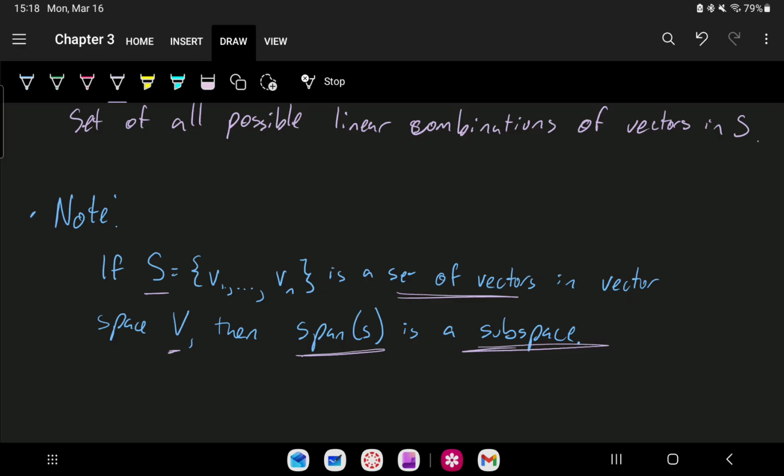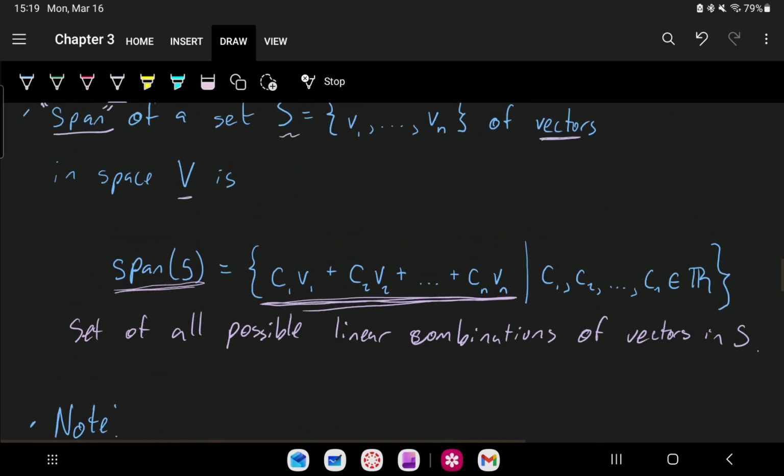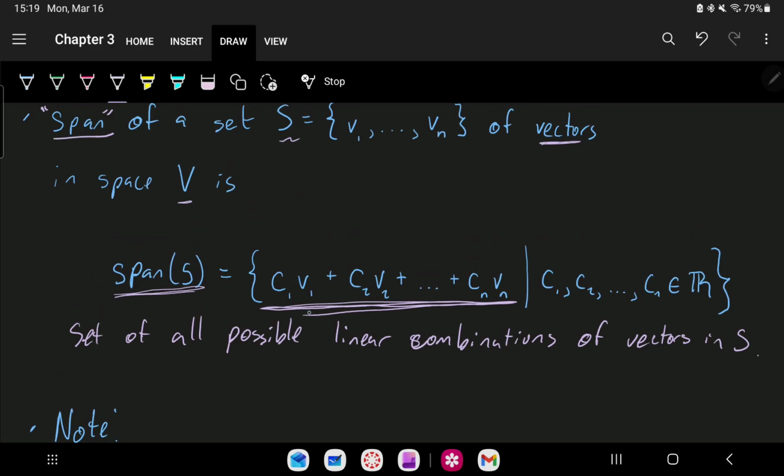The span is essentially a description of the subspace. And that's true because what the span literally does is it is essentially a list of all the vectors in the subspace, right? Because if you remember from linear combinations, what we're doing is we're giving the blueprint of how these vectors can be combined, right?